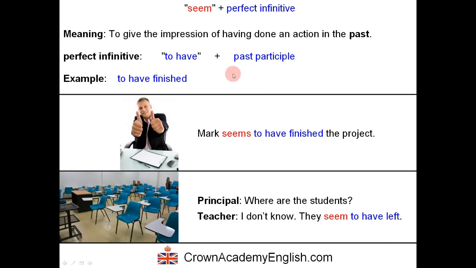So let's just look at the form here. We have to have, and here finished, well, the verb finish is regular, so the past participle is finished, ed. Left is the past participle of the verb leave, L-E-A-V-E, to leave. So they seem to have left.